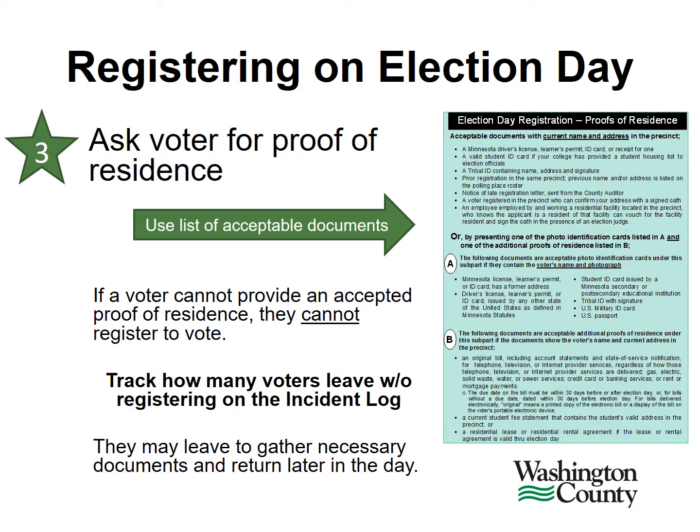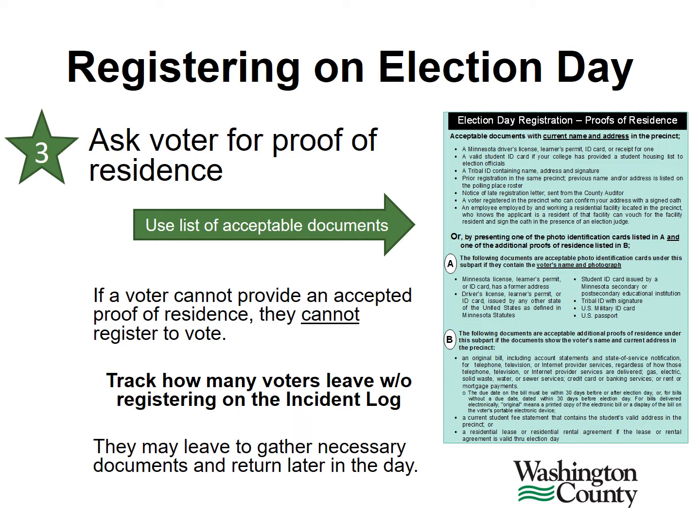Once you've verified that the address is inside your precinct, please verify the proof of residence that the voter intends to use. The proof of residence must be listed on the Election Day registration Proofs of Residence form. If a voter cannot provide an acceptable proof of residence, they cannot register to vote.